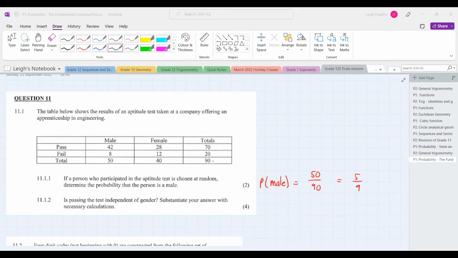Exactly, Nelly. So how do we prove that events are independent? No, Mohammed. There's a formula that we have to use, but that's not it.